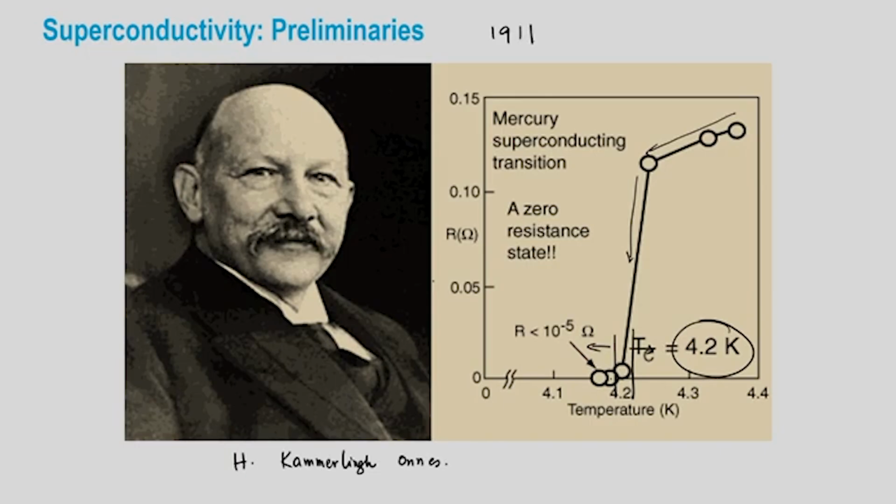So, if something falls to 10 to the power minus 5, we usually take that to be 0, and it happens at a temperature of 4.2 Kelvin. As you reduce the temperature, from larger to smaller, you see a sharp drop in the resistivity, and this gives rise to a new state of matter, which is called the superconducting state.